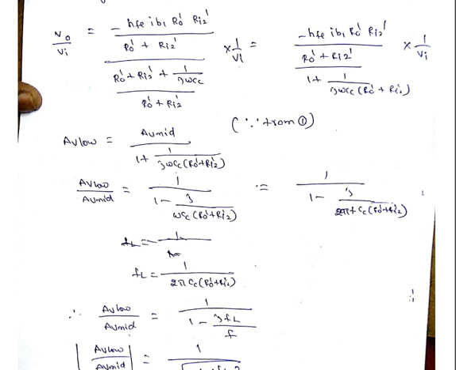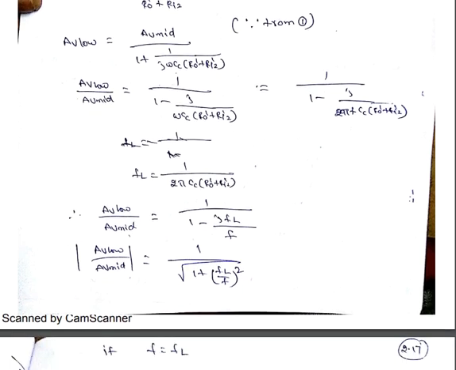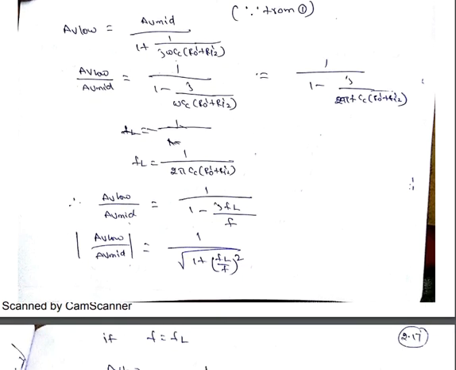Omega is nothing but 2 pi f, so substituting that, we get 1 minus j by 2 pi f CC (R0 dash plus RI2 dash). Let us consider FL as the lower cutoff frequency, and assume that FL is equal to 1 by 2 pi CC (R0 dash plus RI2 dash). Therefore AV low by AV mid is equal to 1 by 1 minus j FL by f.